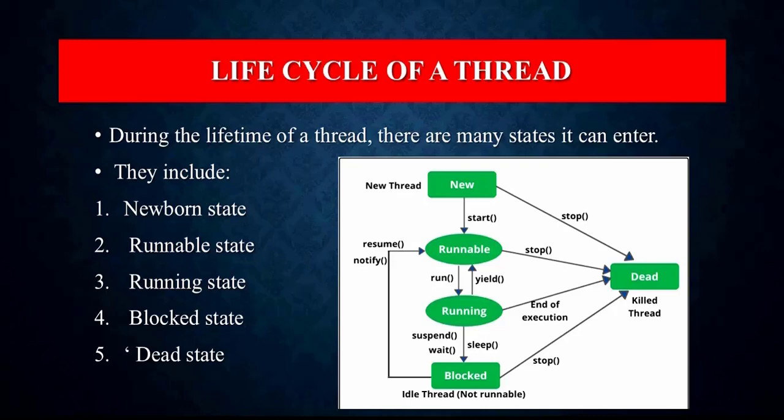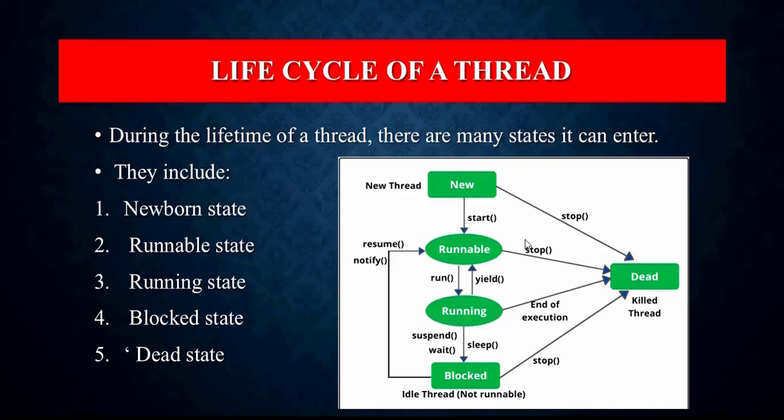This lifecycle has 5 stages. First one is the new or newborn state. Second is runnable. Third is the running state. Fourth is the blocked state, and fifth is the dead state. As you can see here in this example diagram, that depicts the basic lifecycle of a thread.